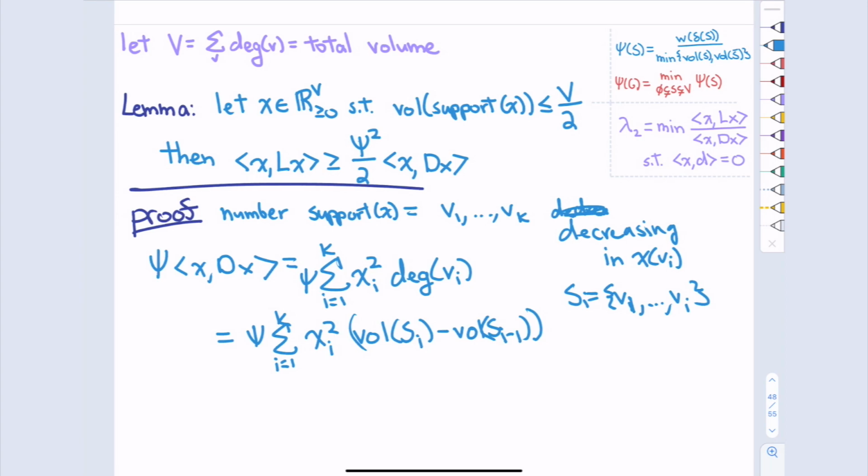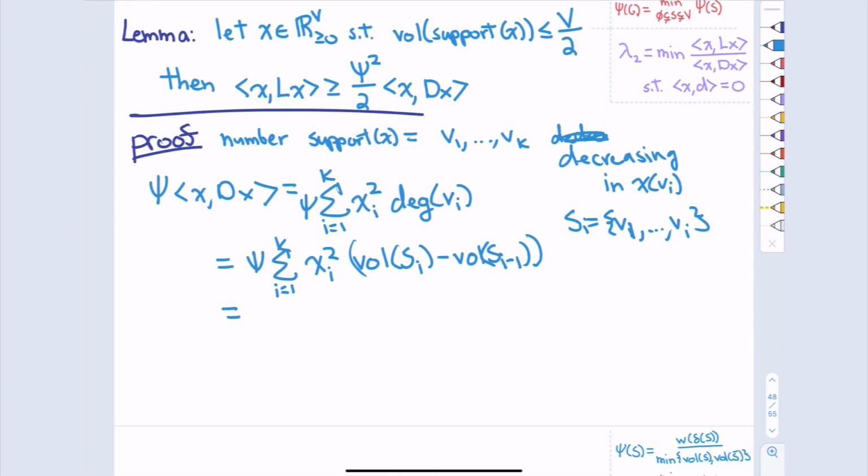Okay, so by telescoping, this is equal to the sum from i equals 1 to k minus 1 of volume Si times xi squared minus xi plus 1 squared.